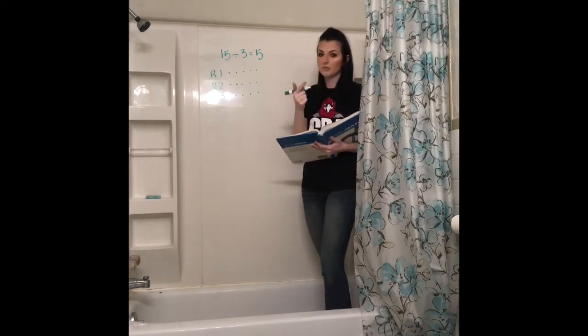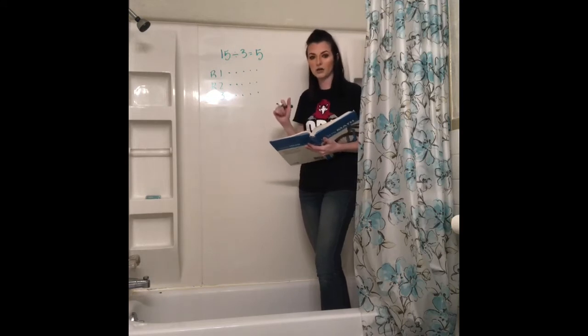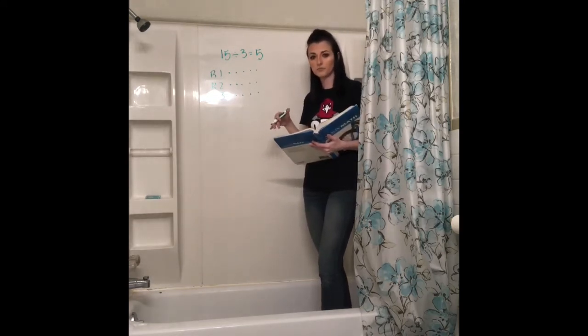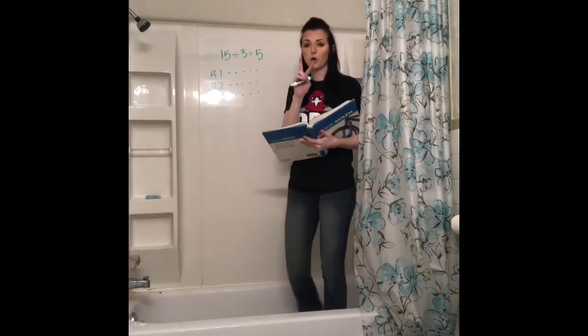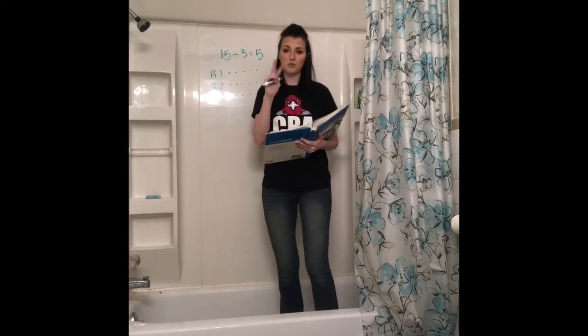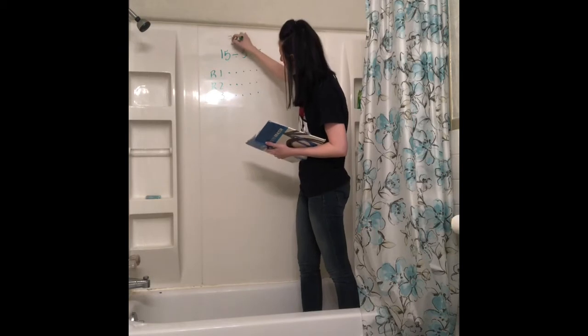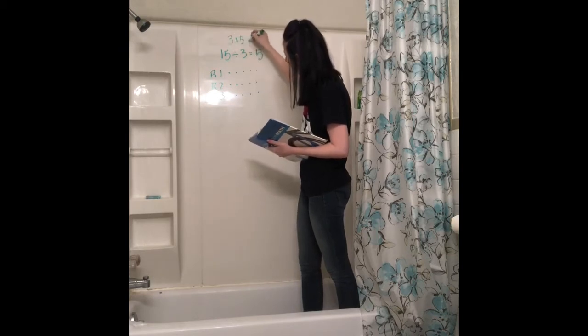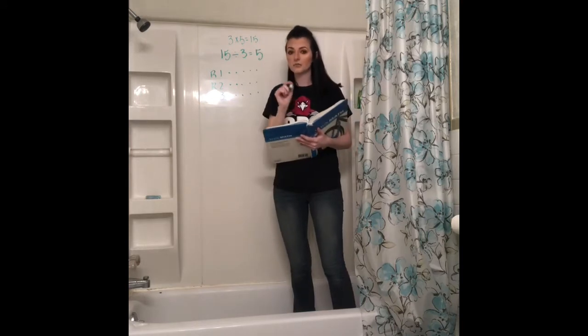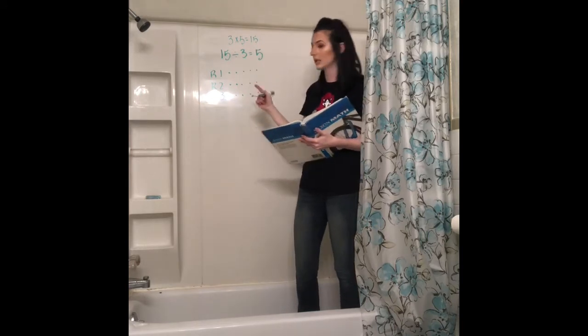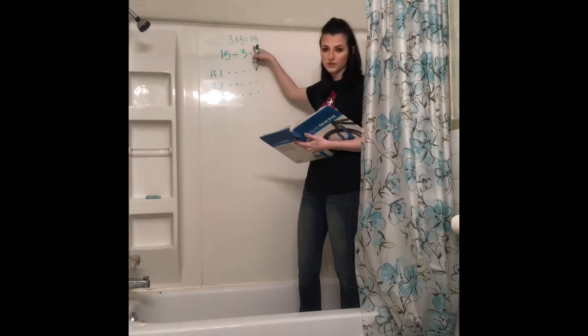Now let's look at something else just so we can compare and test this out. We remember that multiplication is the same either way we do it. This is the opposite of 3 times 5. We know this because we've studied it and we've tested it. 3 times 5 is 15.